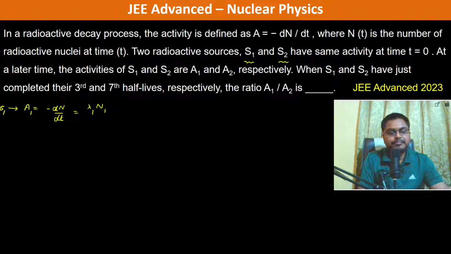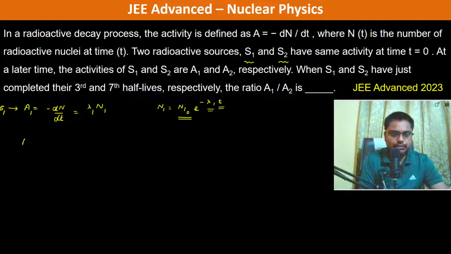Okay, now what is N1? N1 is the number of radioactive nuclei at time t. So N1 is equal to N1 naught e to the power minus lambda 1 into t, where N1 naught is the initial number of nuclei of S1, t is the time after which we are seeing, and lambda 1 is the decay constant.